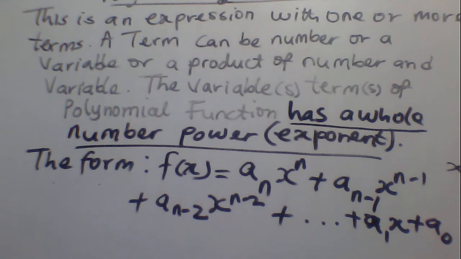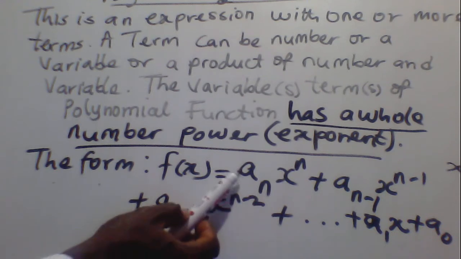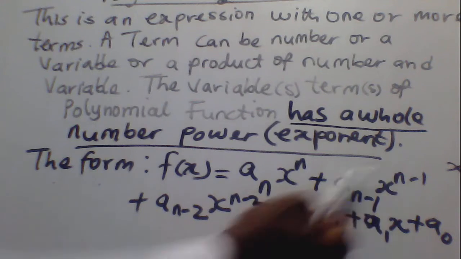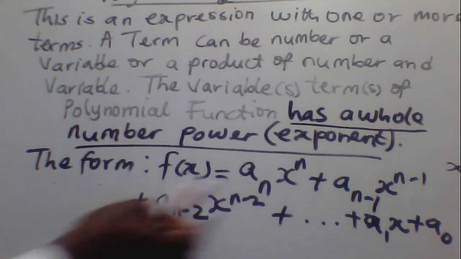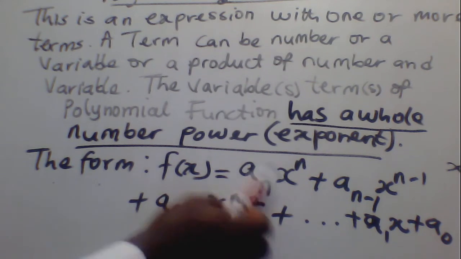So a combination of more than one monomial forms a polynomial. As you can see, this is a term consisting of a constant with the first variable. This is another term. A term can as well be an expression. This can be called a polynomial expression or a polynomial term.